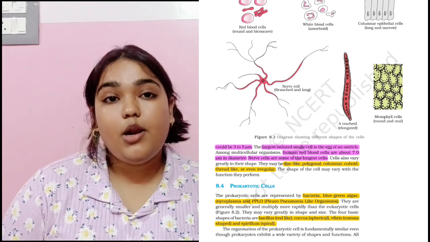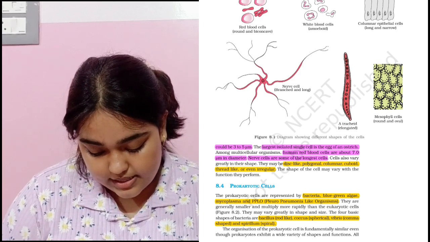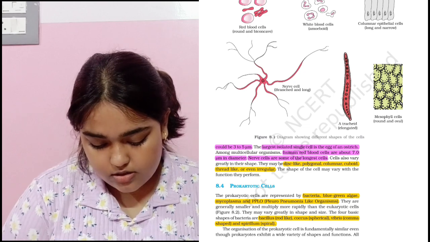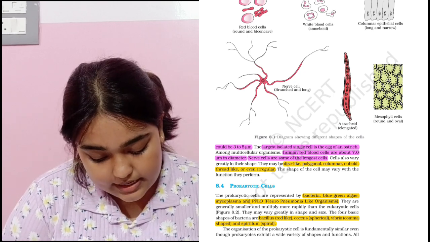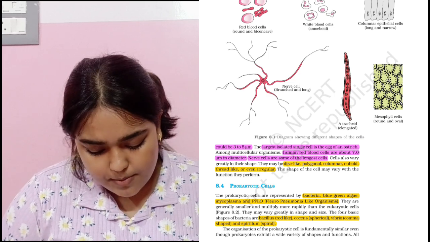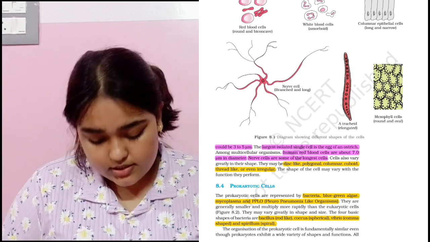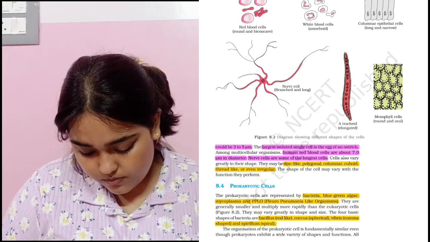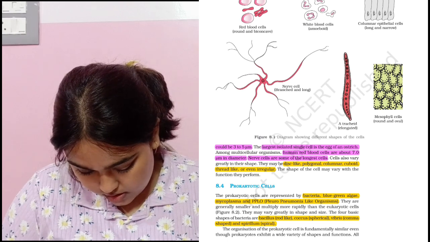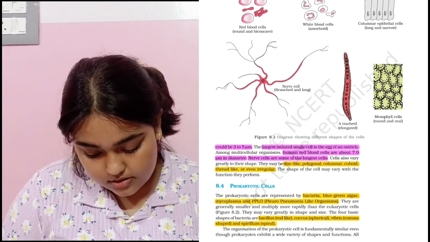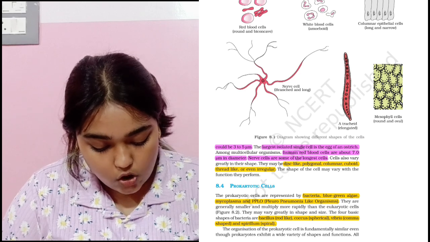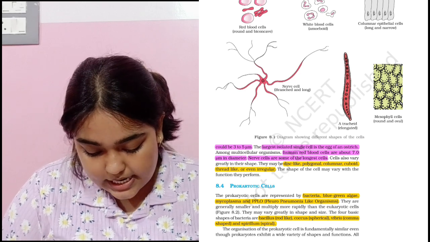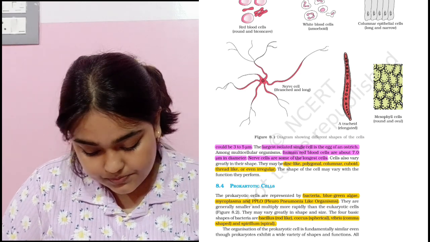Human RBC diameter is about 7 micrometer, and nerve cells are among some of the longest cells. Now, different shapes of cells include disc-like, polygonal, columnar, cuboidal, thread-like, or even irregular.